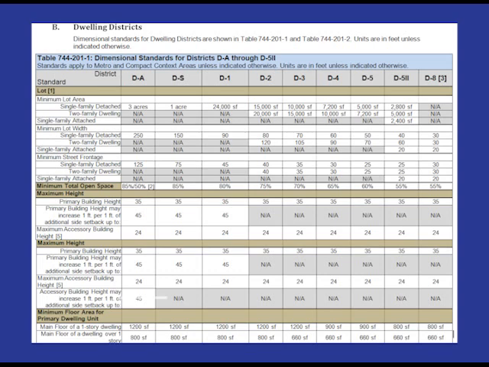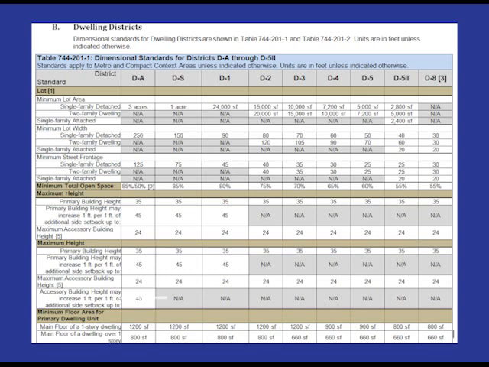The first gives you the requirements for the lot. That shows you, for example, how large does the lot have to be? What's the minimum width of a lot? What's the minimum street frontage for that lot? You'll also see it shows what's the minimum required open space.